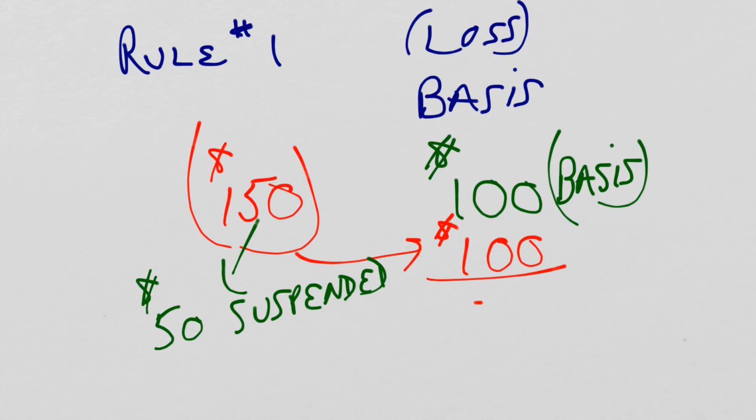Now, of course, the basis is 0 because using the formula, we had basis of 100. We reduce it by the amount of loss that we have that we can use, and we get to 0. Notice that the basis cannot go below 0.